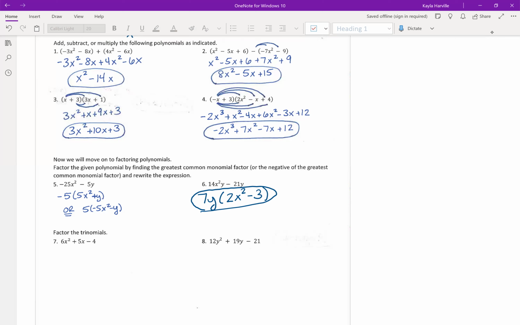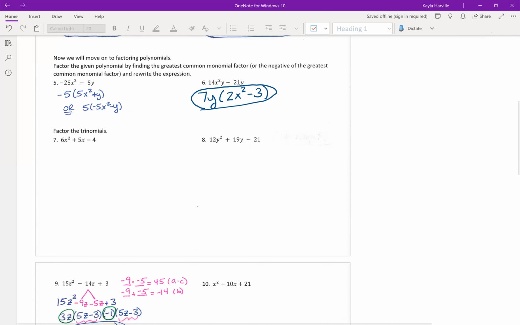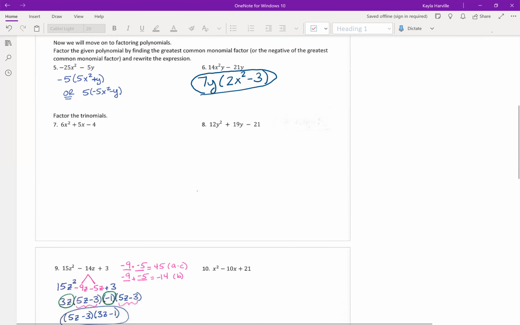So to factor trinomials, we're factoring 3 terms. Now there are lots of ways to do that. We are going to factor by grouping.